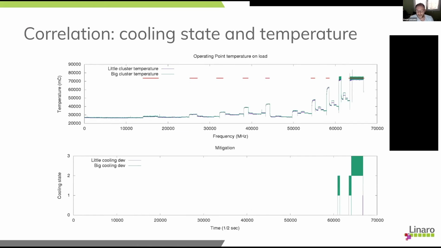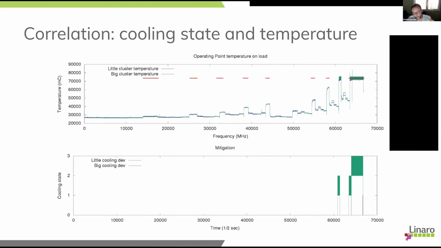So here we have a figure. The first figure on the top shows the temperature and the duration of the run. We run the same compute-intensive task we had previously, and the governor for cpufreq is userspace. That means we set the OPP manually. We do a run at the lowest OPP.